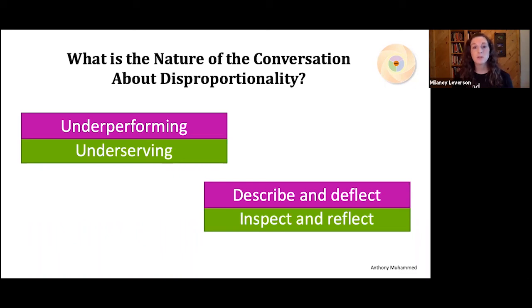So when we use terms like underperforming, what we're doing is creating a sense of helplessness. We're assuming that our job as educators is merely to provide access to an education, rather than to ensure that our students get an education and that they're successful.